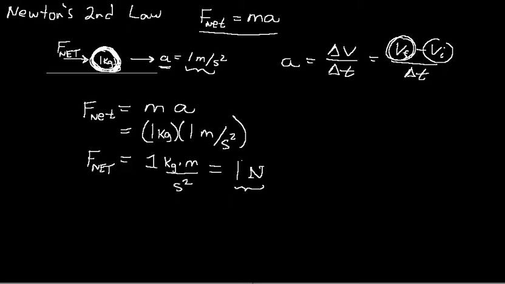So 1 Newton is the amount of force needed to accelerate a 1 kilogram object with an acceleration of 1 meter per second squared. So that's the 1 Newton of force, and the units are kilograms meters per second squared.